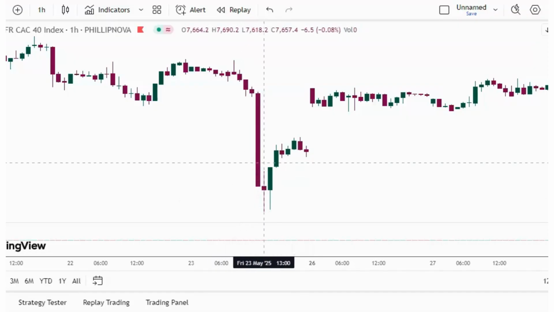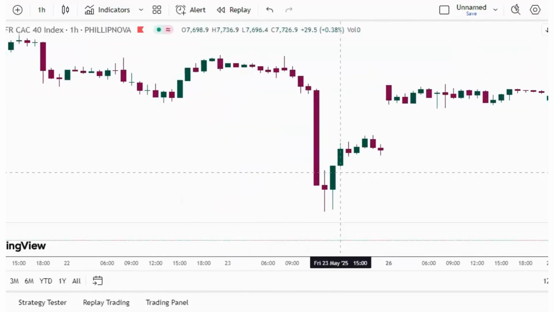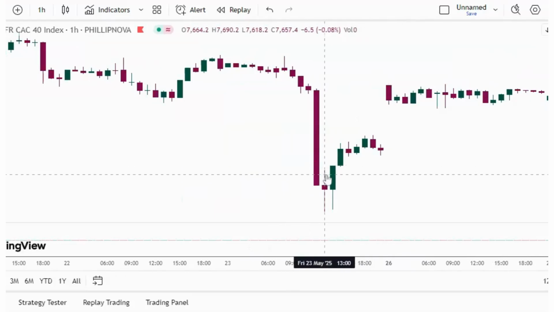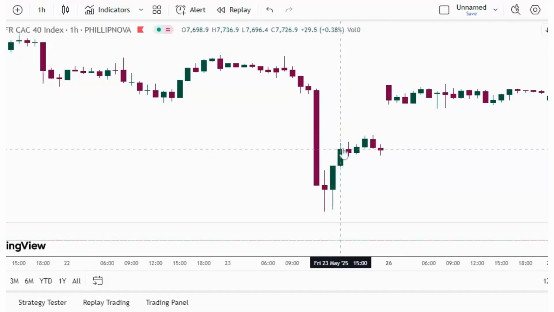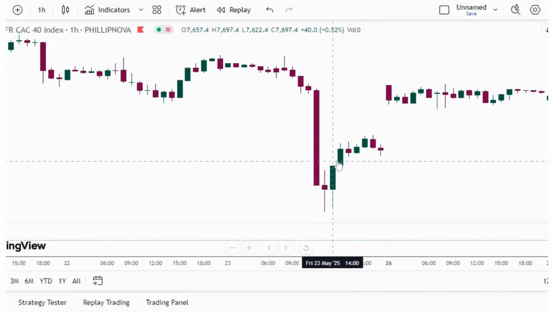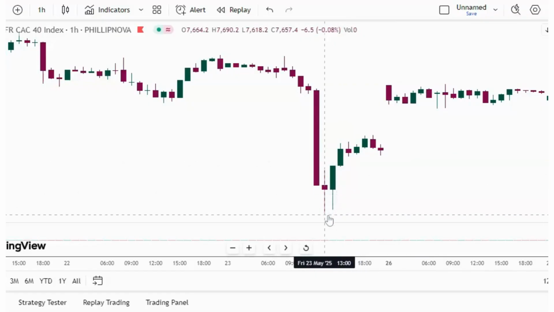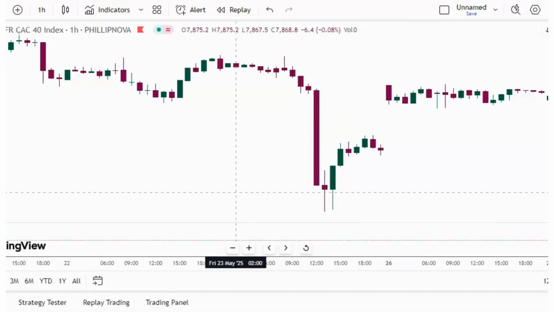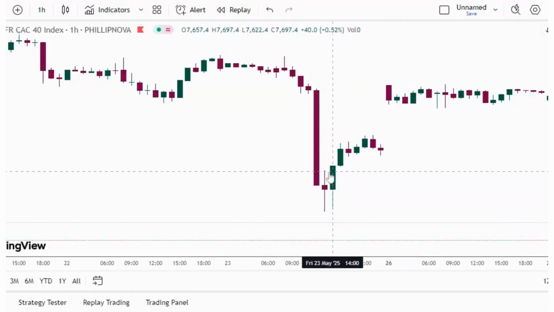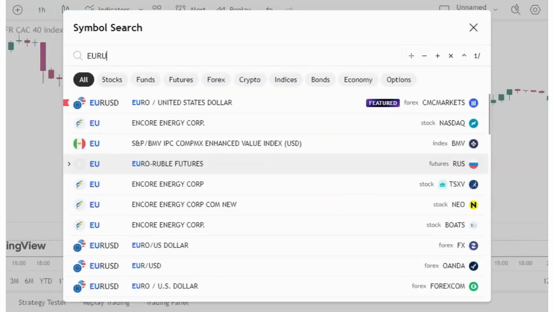If the following candle has closed higher than the high of the star, this means that the price is reversing upwards. If this candle has closed under the low of the star, this would be a sign that the price was going to go lower. As we see here, the price closed higher. Okay, let's go to a different chart.